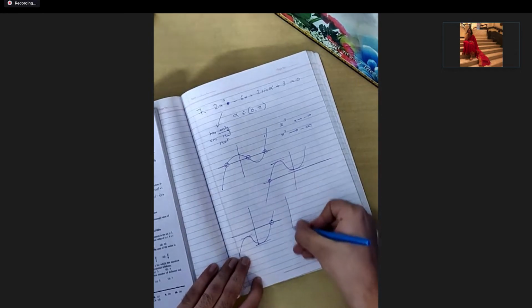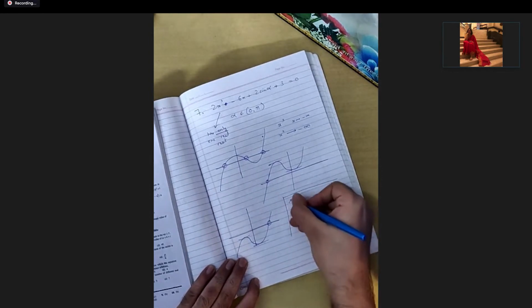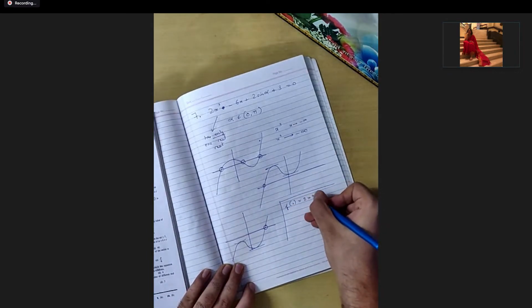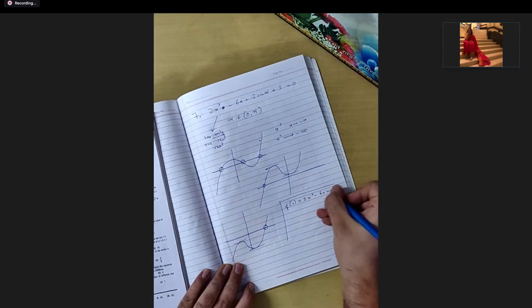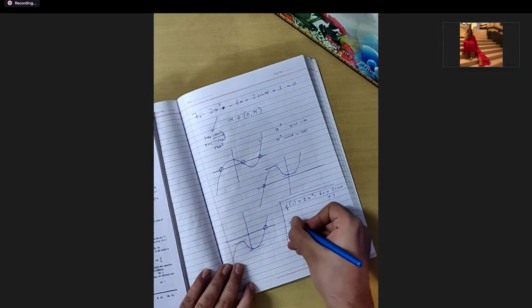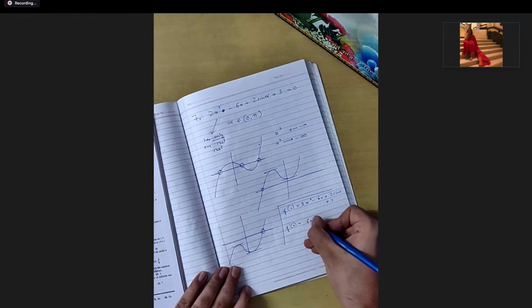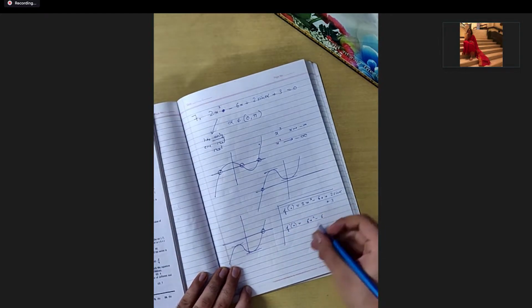Now let's also check its function, which is known as f(x). So f(x) is 2x cubed minus 6x plus 2 sin alpha plus 3. So f dash x, or df by dx, will be 6x squared minus 6, which can be written as 6 times (x minus 1) into (x plus 1).